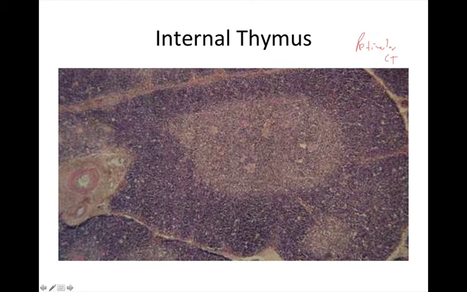Structurally, the thymus gland is similar to the other lymphoid organs in that it has a cortex and a medulla. It's got an outer functional covering, and then a middle inner functional area.